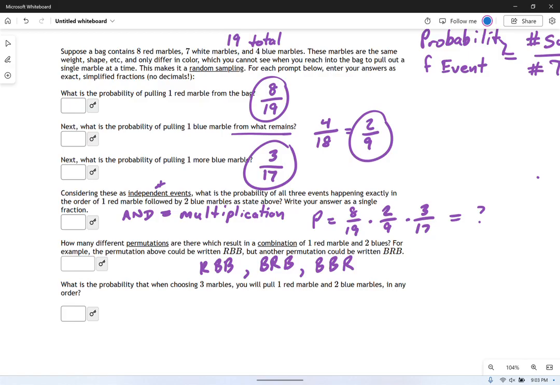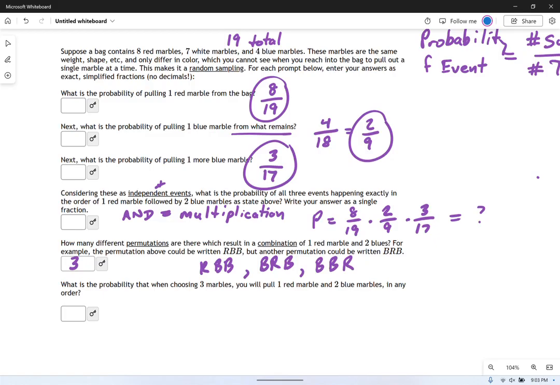So we say there are 3 different permutations, 3 ways to pull out exactly the types of marbles that I want. Now you might ask, is the probability of each of these ways the same? Is the probability of red, blue, blue equal to the probability of blue, red, blue equal to the probability of blue, blue, red? I encourage you to work through that for yourself. You're going to see that it is exactly the same probability. Each of these has the exact same probability as before.